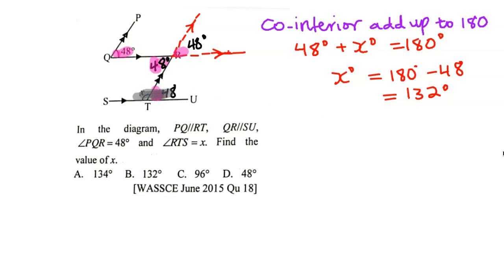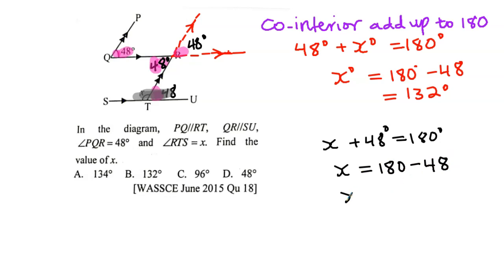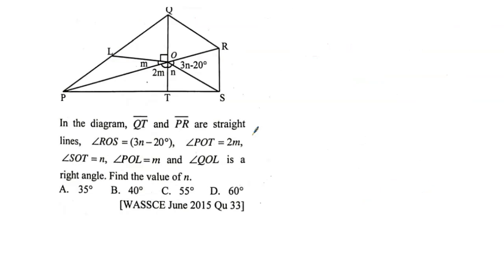So based upon that analysis, we can say that x plus 48 must be equal to 180 degrees, and therefore our x is going to be 180 take away 48, and that will be 132. So you have a lot of ways of doing this to get the answer right. Come, let's look at the next one.